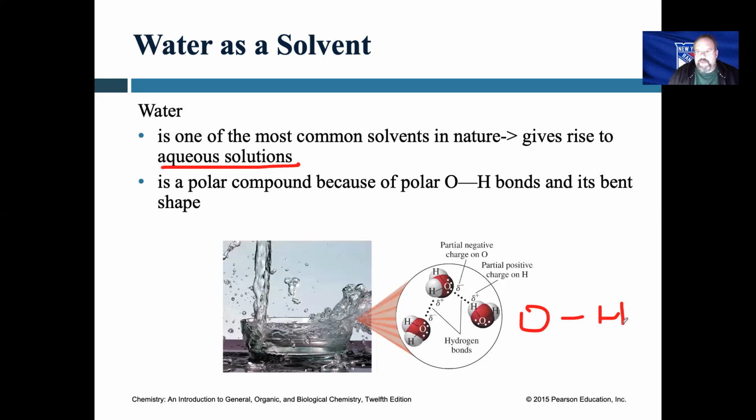The electronegativity difference is large enough so that the electrons are shifted towards the oxygen and away from the hydrogen. So we know from our discussions there that the oxygen has a partial negative charge associated with it, and the hydrogen has a partial positive charge associated with it.